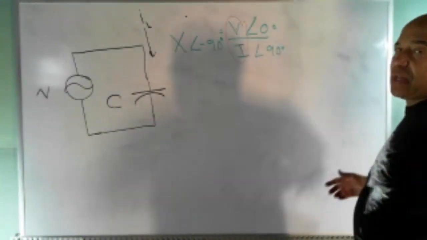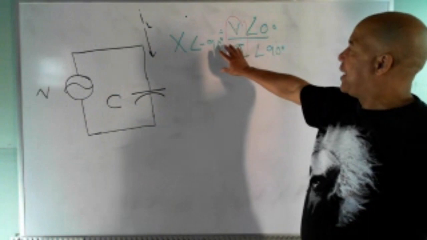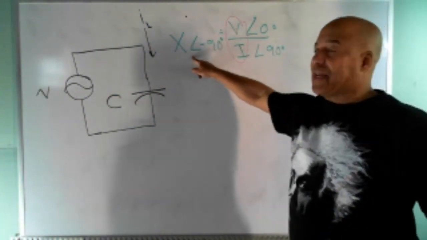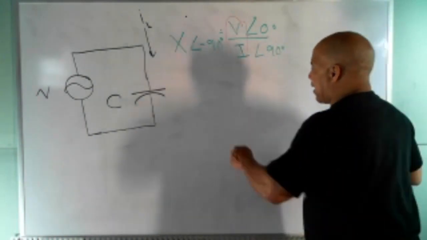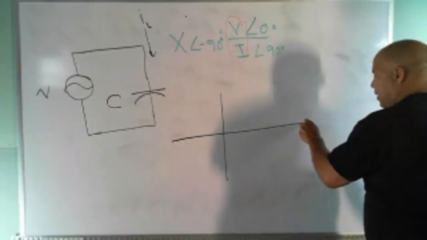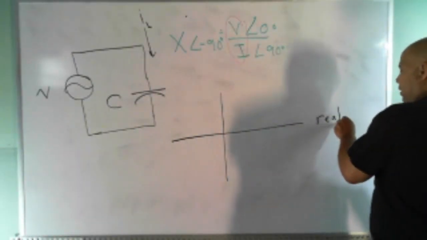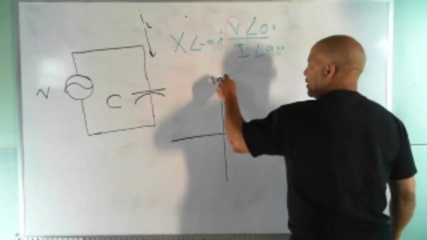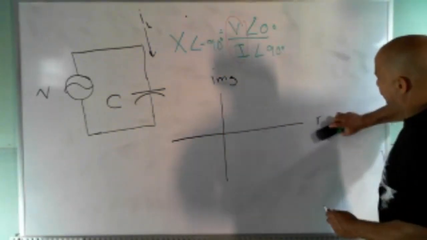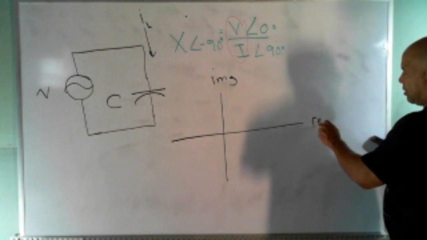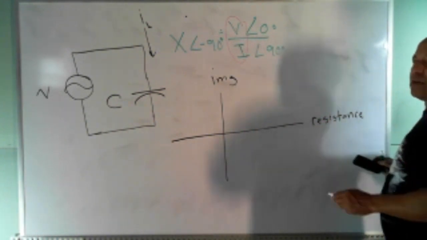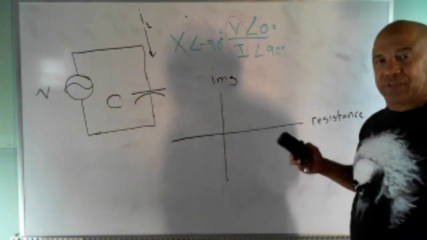Now we're dealing with real numbers for resistors and complex imaginary numbers for reactance, whether the reactance is from a capacitor or an inductor. So our diagram for our complex numbers used to look like this. This was the real number axis, and this was the imaginary number axis. Well, I'm going to change this to resistance, because resistance always has a phase of 0.